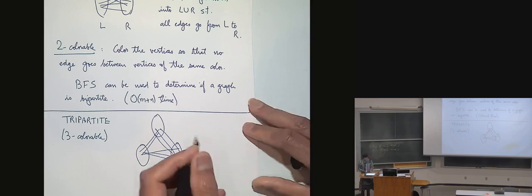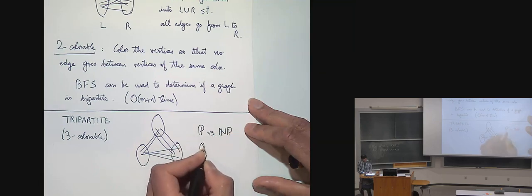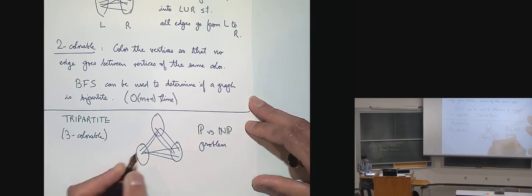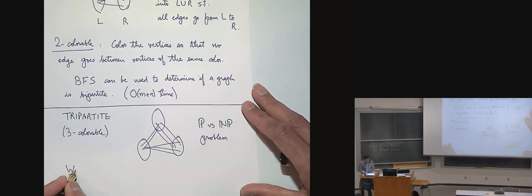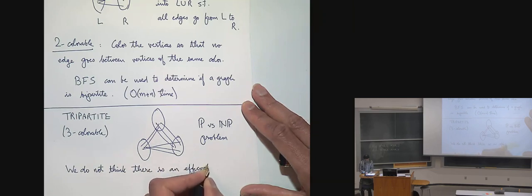And it turns out that this is actually related to something called the P versus NP problem. Like we do not think there is an efficient algorithm for this problem.